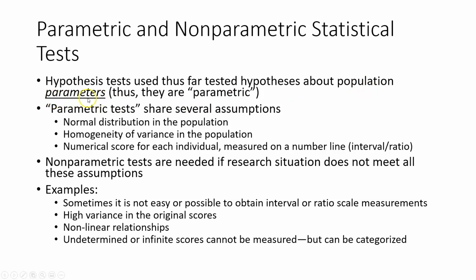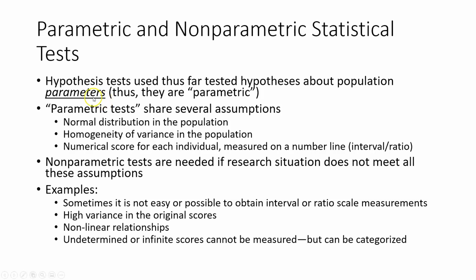Remember, this is a value, a number that's computed from the entire population. And we use the word statistic to represent the guess about what the population parameter is just based on our sample. So parameters are numbers computed from a population, and statistics are numbers that are computed from a sample.